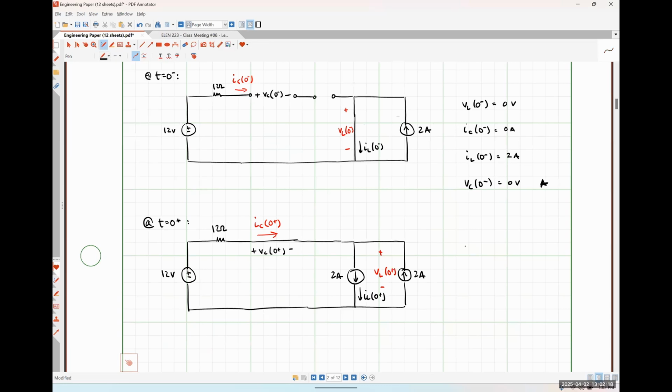So I'm going to write down that IL at 0 plus must be equal to IL at 0 minus, which was 2 amps. And VC at 0 plus must be equal to VC at 0 minus, which was 0 volts. And so now we just have to figure out what VL and IC are.